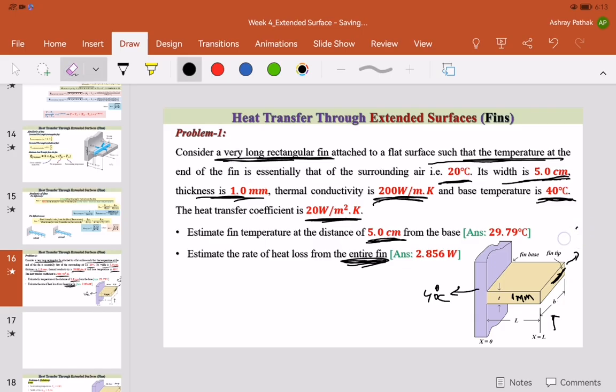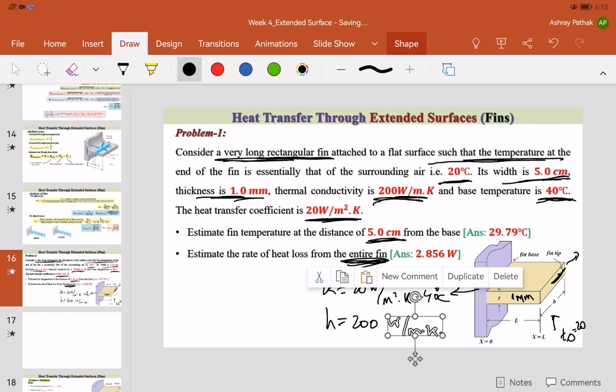Let me write it here: T infinity is 20. The width of the fin is 5 centimeters. The heat transfer coefficient h is given as 20 watt per meter square Kelvin, and k is given as 200 watt per meter Kelvin.